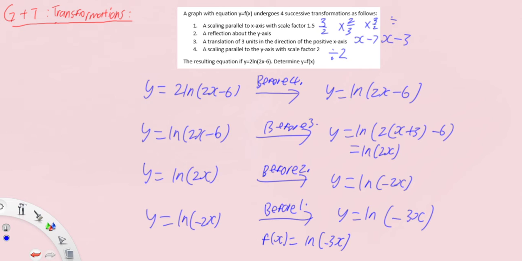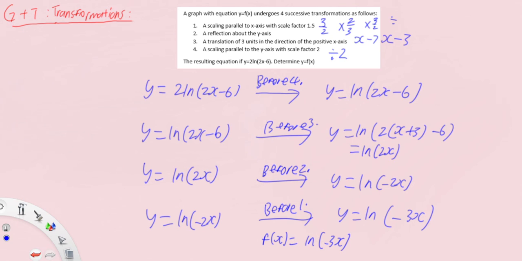Okay, so there we have it, basically just reversing every transformation. So I repeat, from 4 to 1, we reverse 4, you divide by 2 because you multiply your y value by 2, you have to divide by 2. Translate 3 in the positive x-axis means that you have x to x minus 3, you now need to plus back the 3. Reflection by y-axis, x becomes minus x, reverse it, it's the same thing, right?